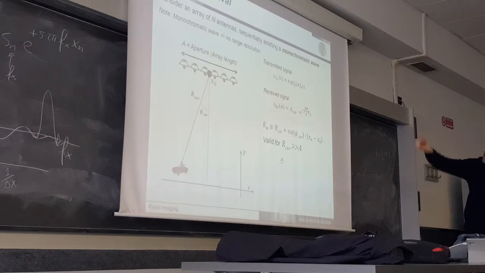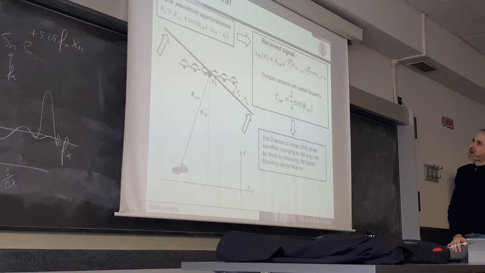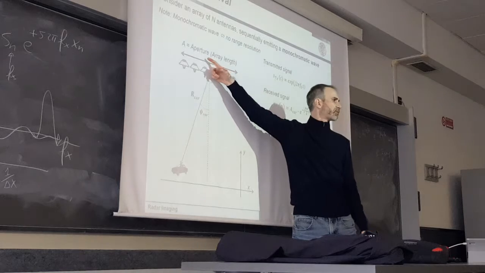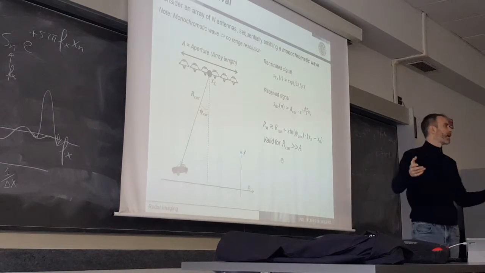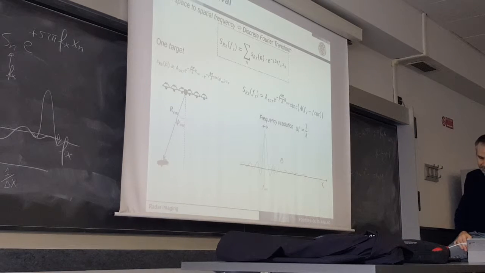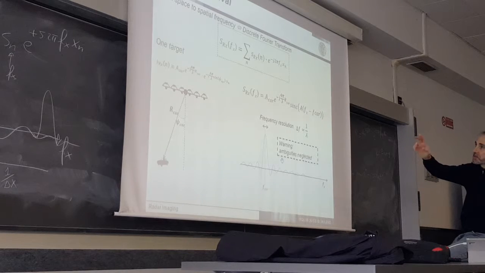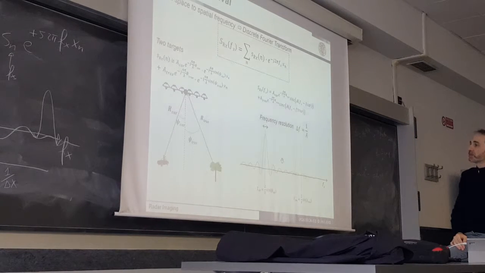Here A is the array aperture. Sorry, the array length is called, in jargon, the aperture of the array. Here take care, because you might have ambiguities depending on the sampling of the array.